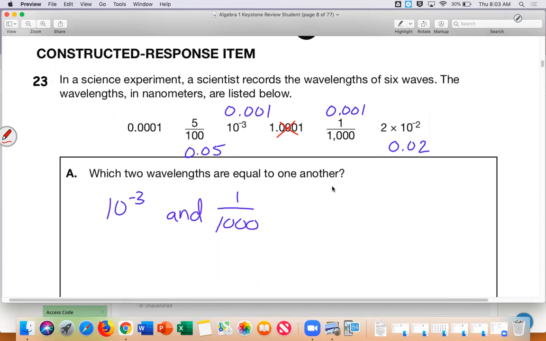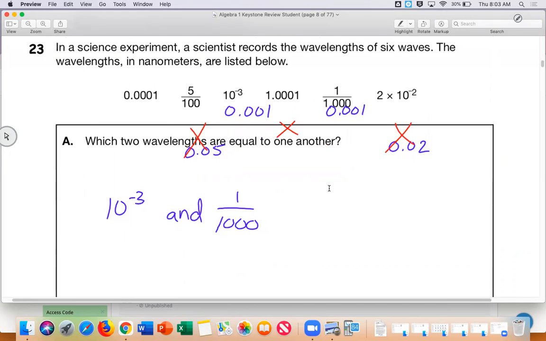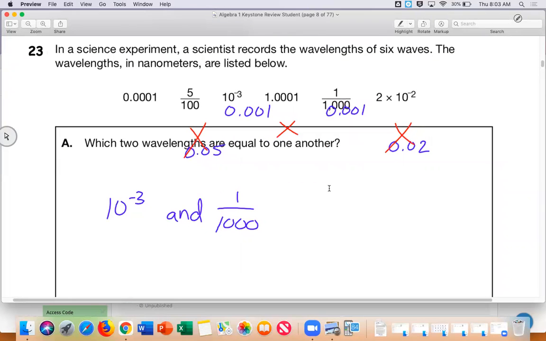Okay. We have 0.05, 0.02, cross them out. So, which is the shortest? Well, there can only be one answer. And since the last two, this guy and this guy are the same, the smallest is that one. He's the smallest. All right. So 0.001.